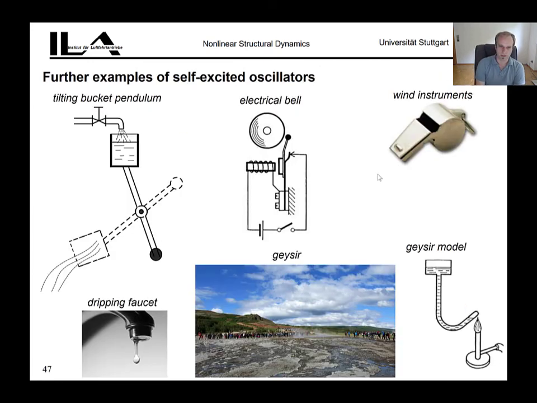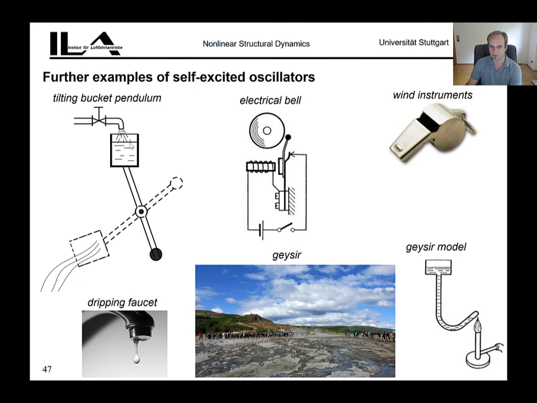Now we have also further examples of self-excited oscillators, and here just some of them. One is the tilting bucket pendulum. What happens here is that we have some water coming out of this faucet, and you have a bucket that is filled with this water.